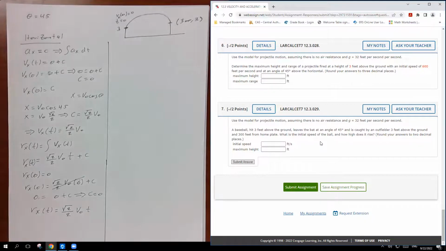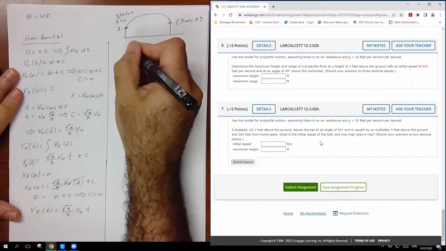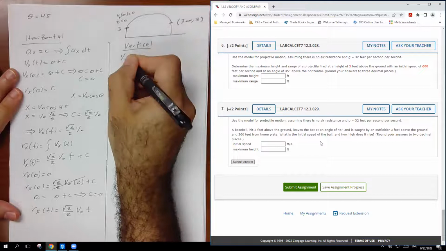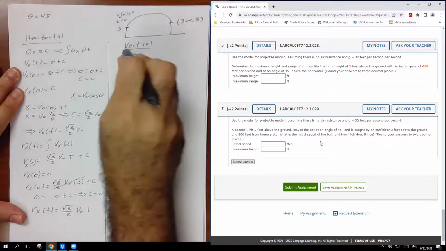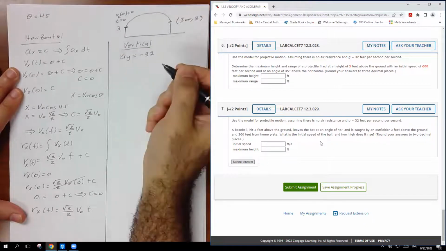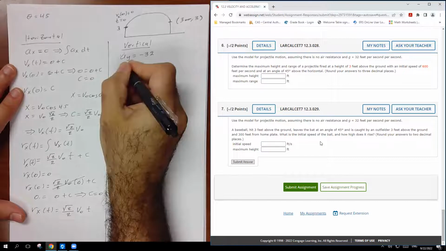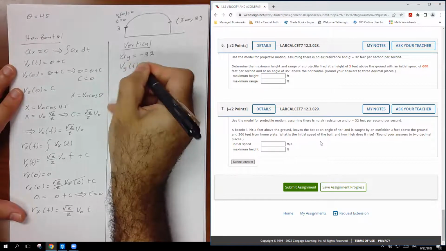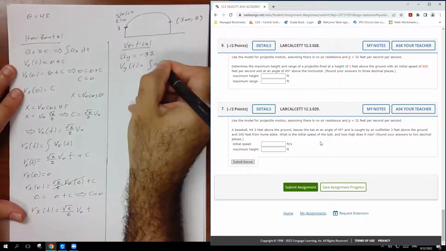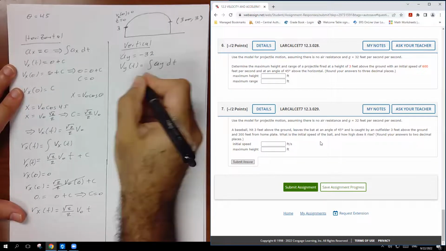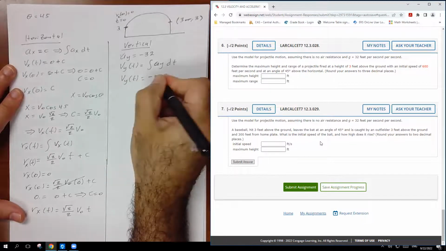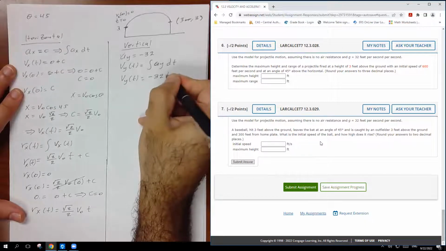Let's keep going to the vertical. It is going to be v sub y. I'm going to start with a sub y. The acceleration is going to be negative 32, because the same thing. So v sub y with respect to t is going to be the integral of a sub y dt, and v sub y of t is going to be equal to negative 32 t plus c.